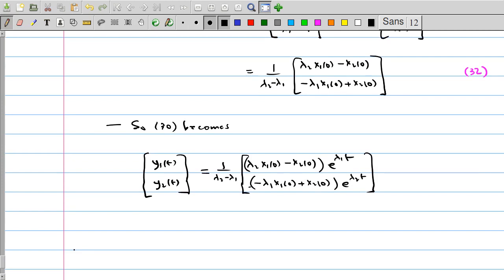And this can be 33. So at least as far as the y's are concerned, we've got an equation for everything.